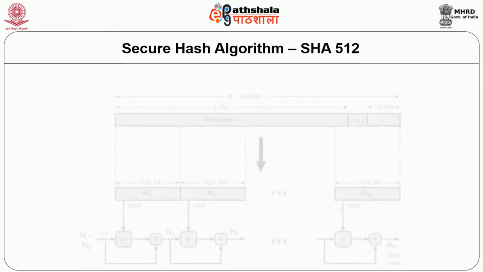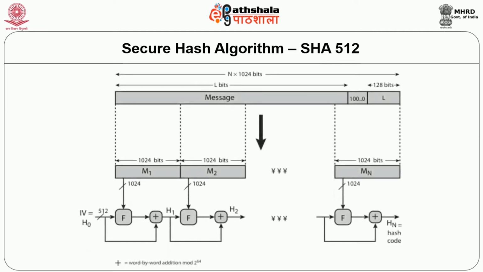Now we are going to look at the secure hash algorithm SHA-512. As the diagram suggests, we have a message, then padding, and then L, the length of the original message. We work in blocks of 1024 bits, from M1, M2 up to Mn.